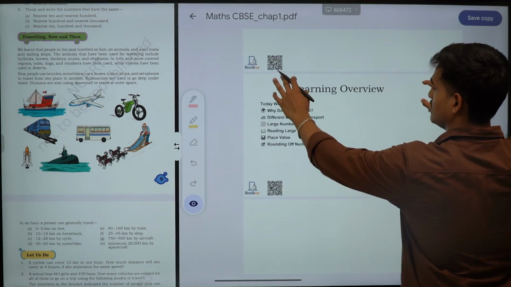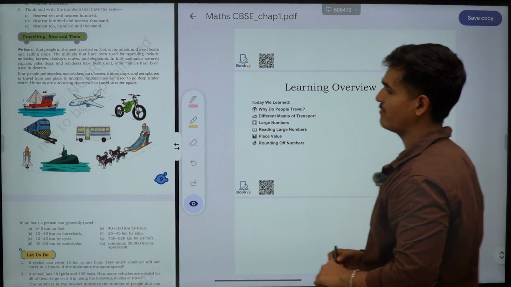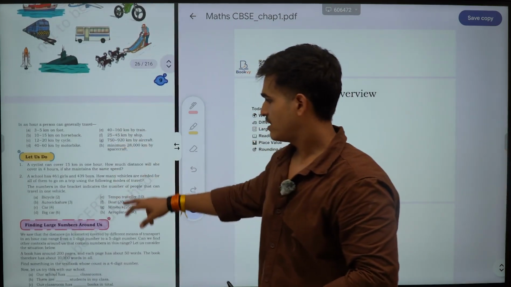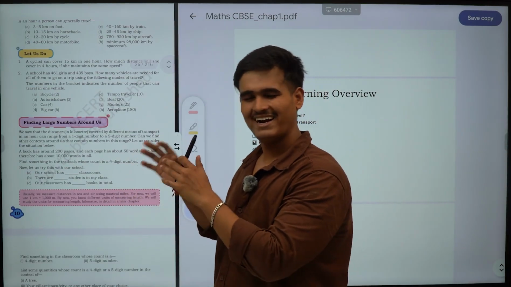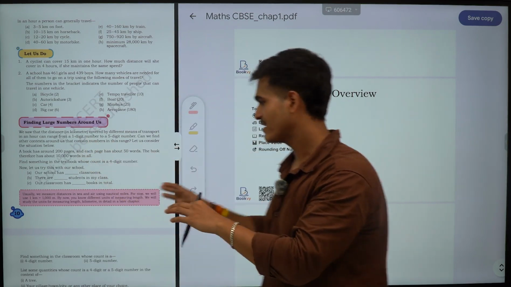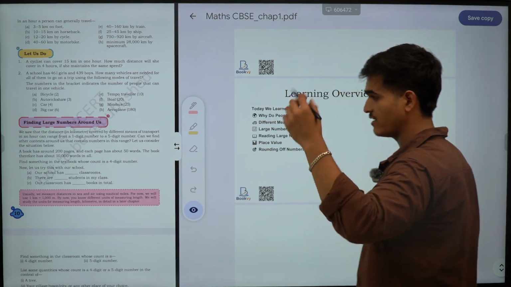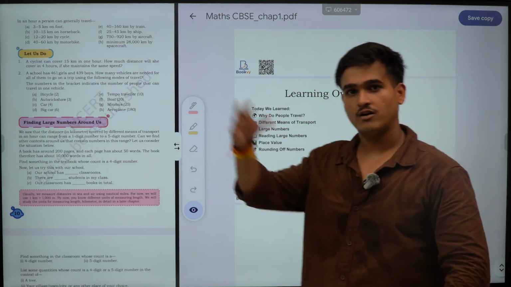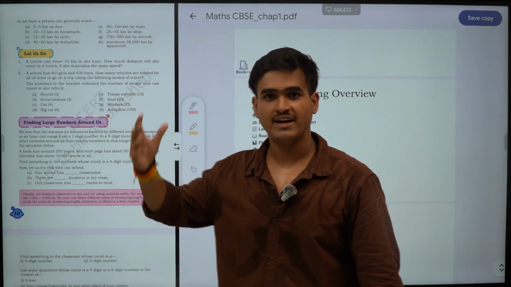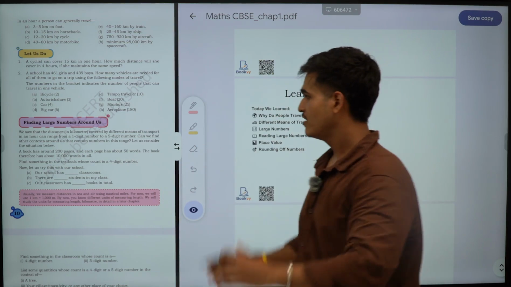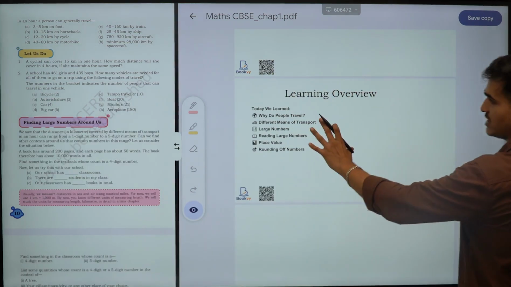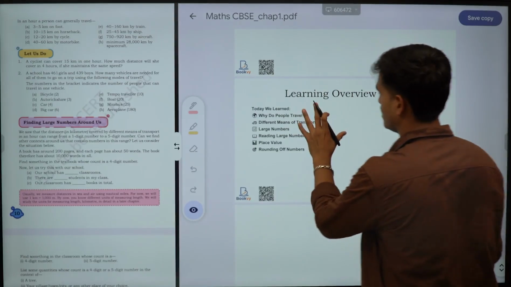This is the simple thing. The learning overview I have already given you. This is a textbook. You would read and you would understand. This is not anything more complicated, like you have to give it for the JEE or NEET exam. You have to just focus on this learning overview.